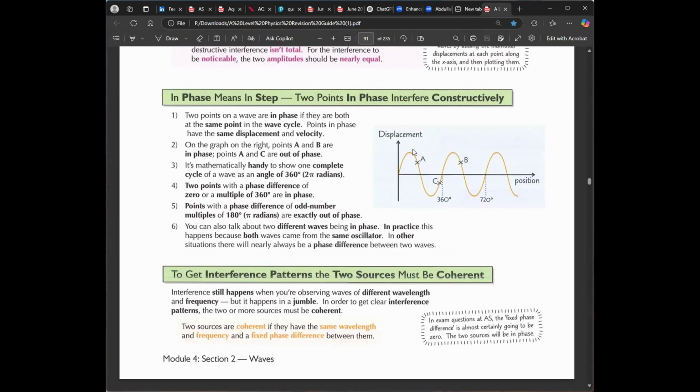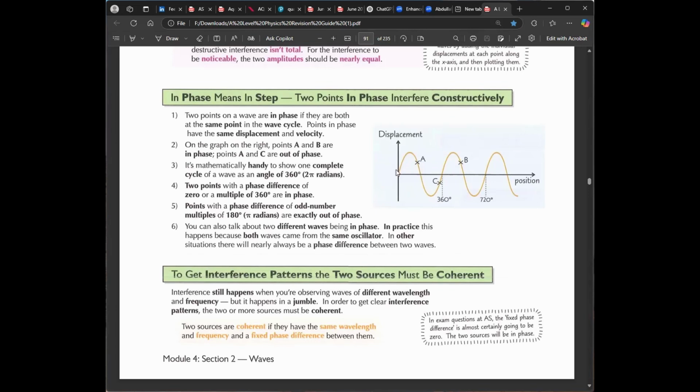So this is a displacement versus position graph, right? In this case, this point will just move down as the time progresses. So its phase value will change. Whatever its value is at this point, it will keep on adding to it.